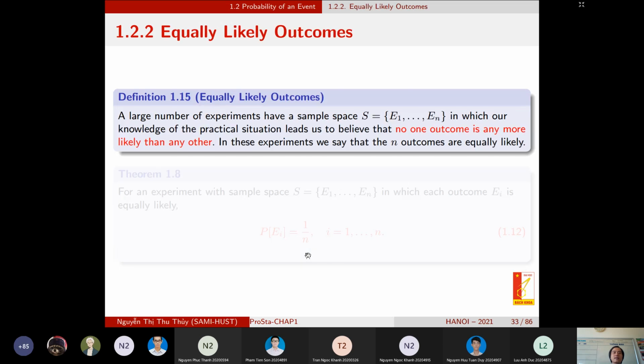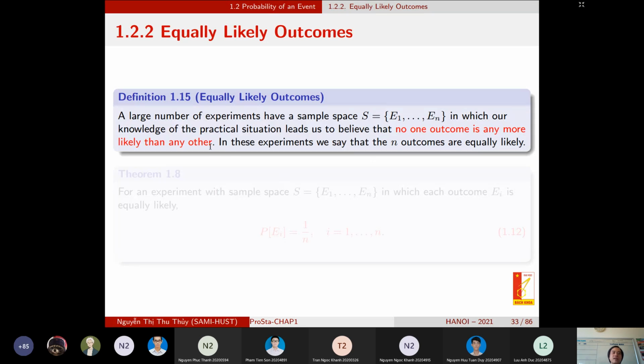That's the general axioms, or general properties, of probability. Now we consider some basic notions of probability. We talk about equally likely outcomes. For example, in the sample space S with n outcomes E1 to En, we believe that each outcome is equally likely as the others. That means there's no reason to say that one outcome is more likely than another.